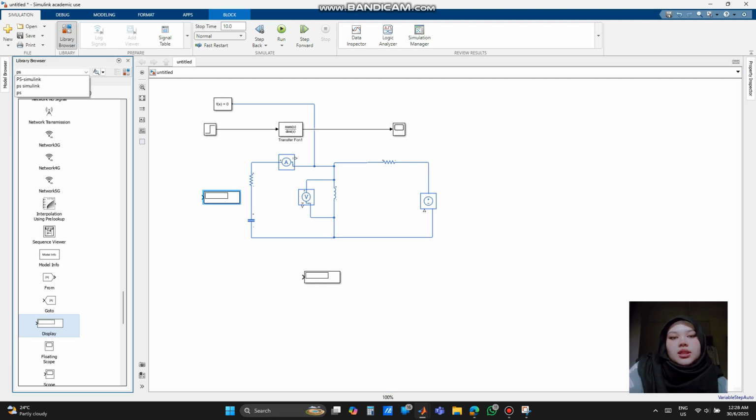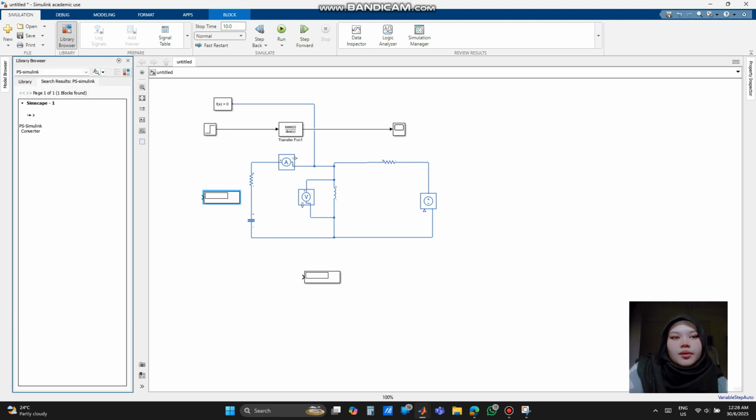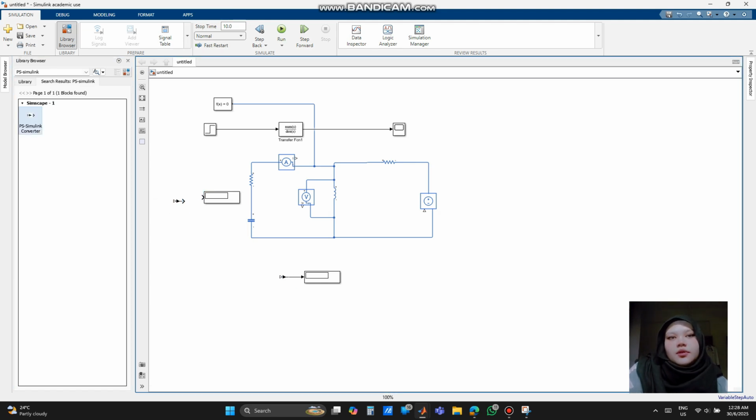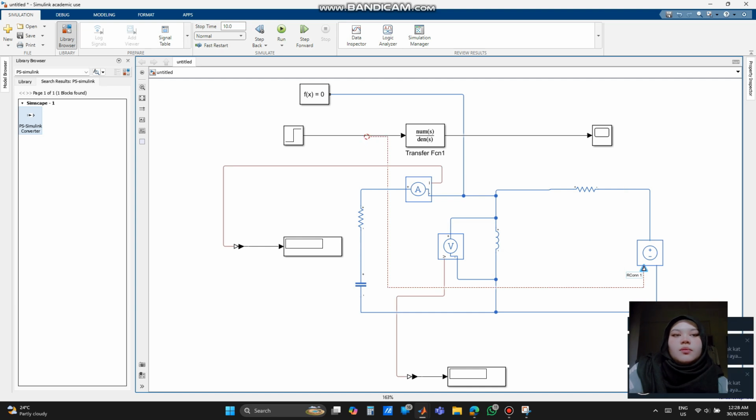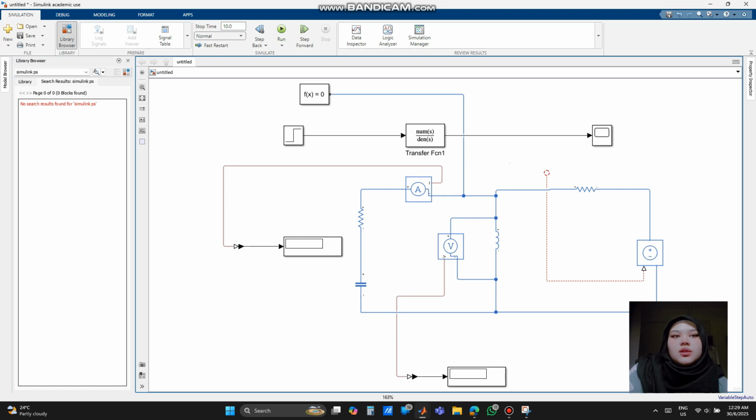Without it, the simulation cannot run because the solver won't know how to handle the physical components. So the solver configuration is a main thing for a circuit in MATLAB Simulink. Then there is the step block, which is used to provide a sudden voltage input from 0 to a desired value at a specific time, simulating a switching action. It is connected to the controlled voltage source to simulate turning on the power at t equals 0.